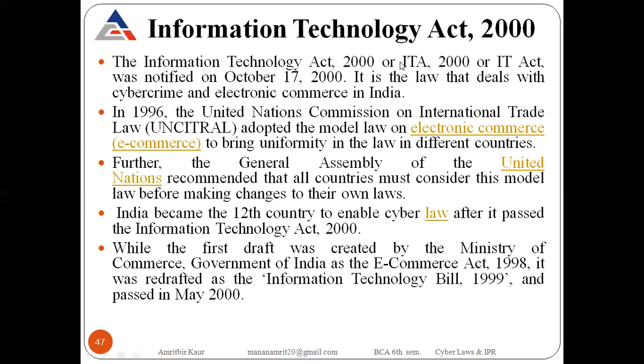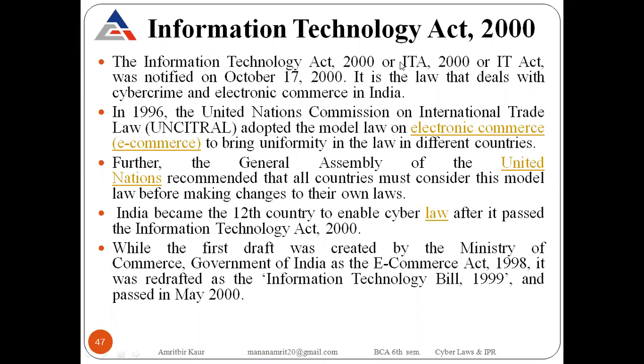In 1996, the United Nations Commission on International Trade Law adopted a model law that enables electronic commerce also. It recommended that all countries must change their laws.